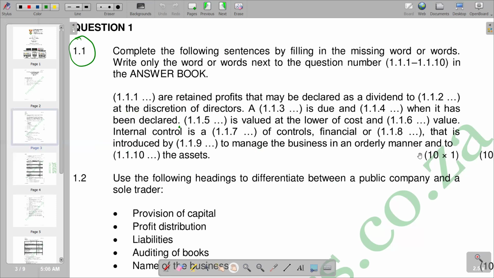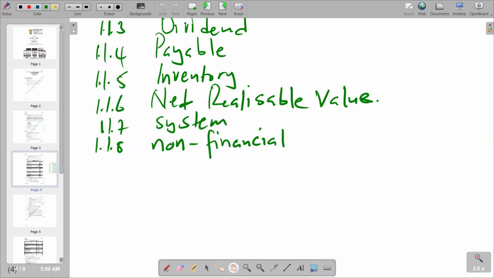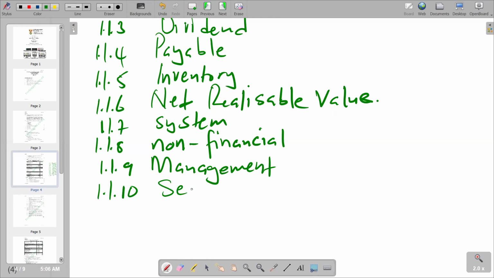So we say to protect or secure the assets. So 1.1.9 is management, and 1.1.10 is secure.